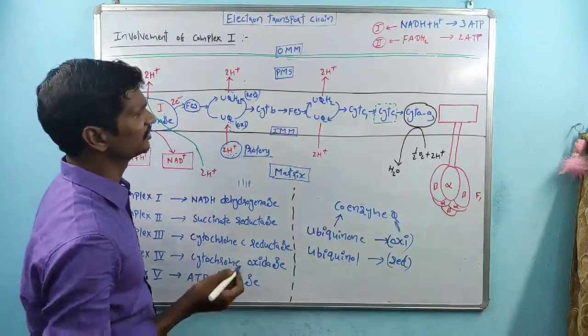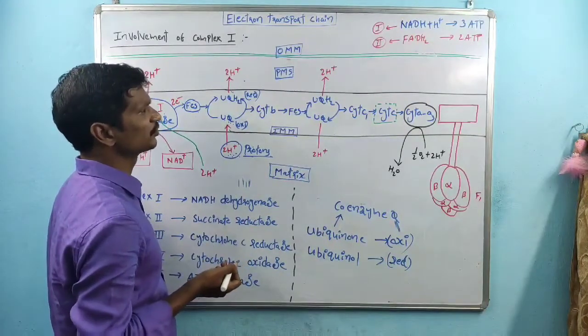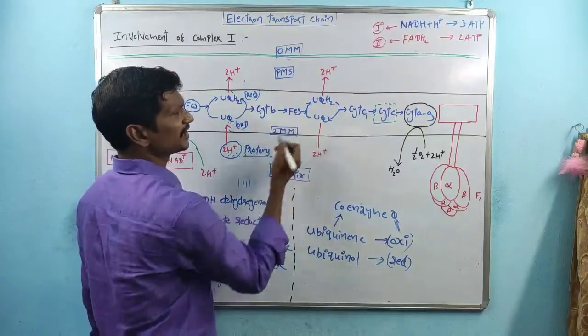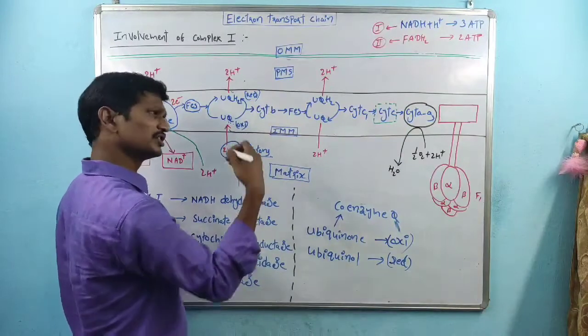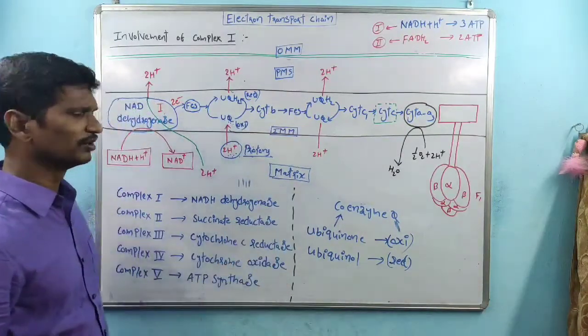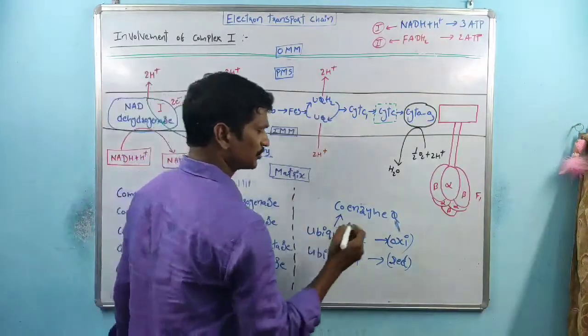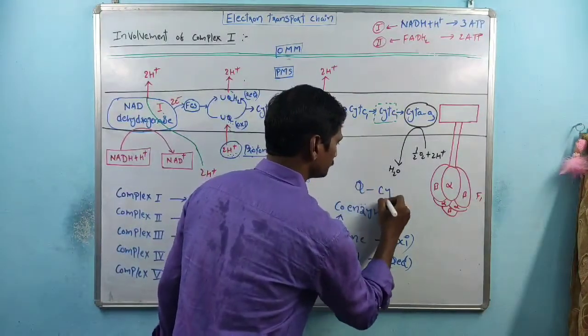Then the next one is complex 3, where there is cytochrome B and iron sulfur clusters. Again this one interacts with ubiquinone, same case, ubiquinone and ubiquinol. See this cycle and this cycle. This is also called the Q cycle.